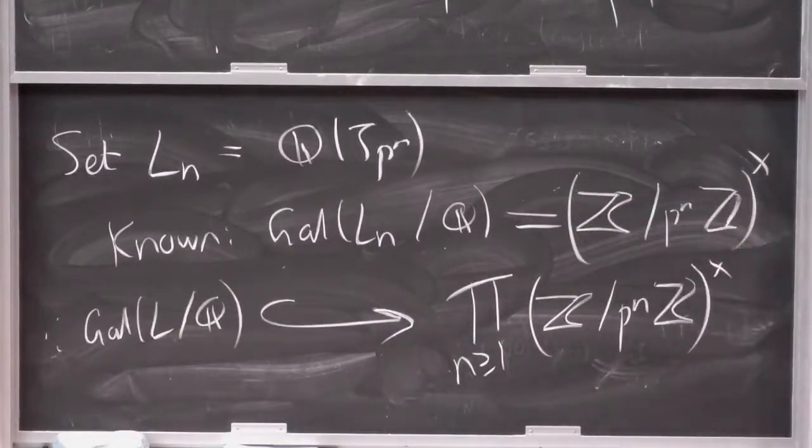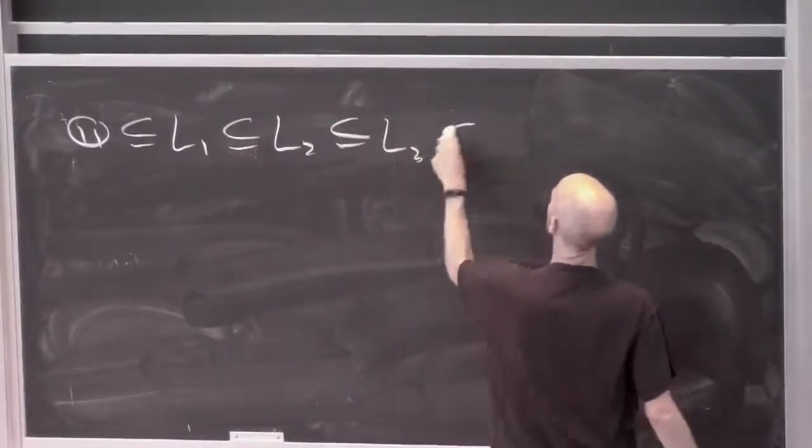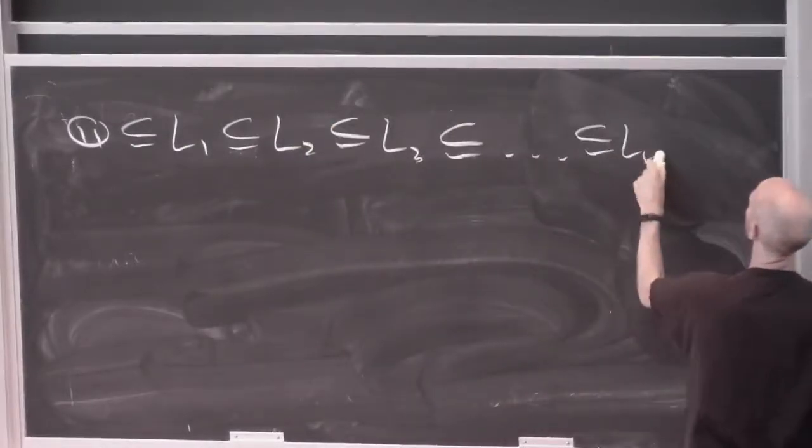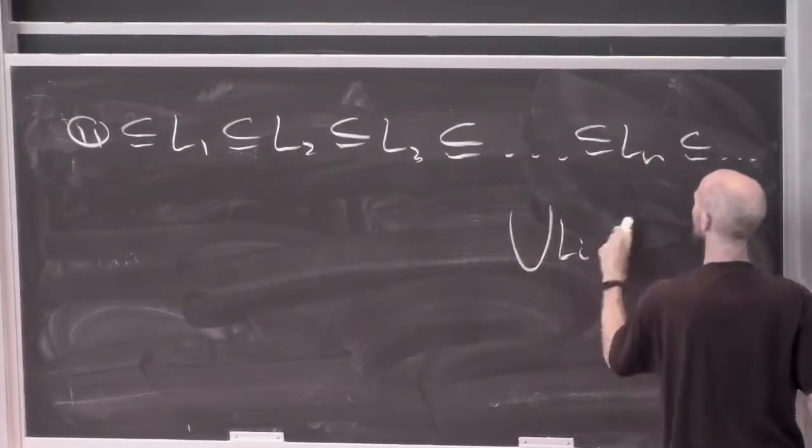L is just a union of all these L_n's. It goes like this: Q lives in L_1, lives in L_2, lives in L_3, lives in L_n, and the union of the L_i is L.